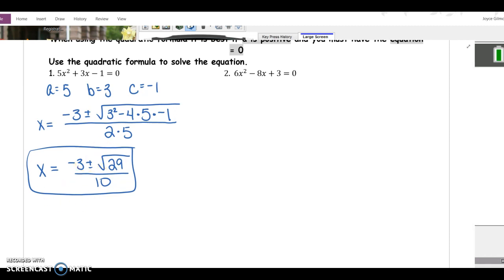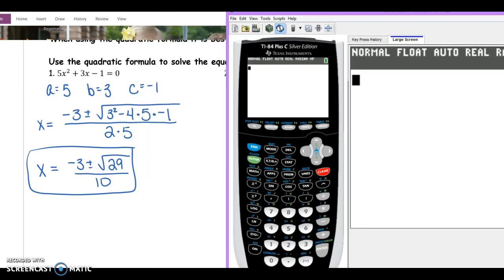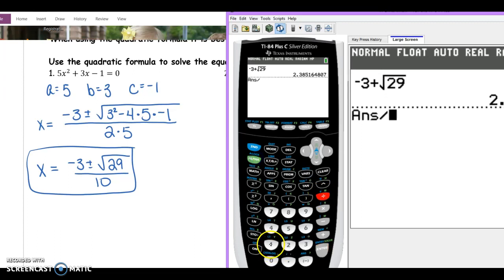When we do the quadratic formula, we are really truly finding where this quadratic equation, where the parabola, is going to cross the x-axis. So if we actually wanted to know the specific x values, we would do -3 plus the square root of 29. Hit enter. You want to do everything on the top and hit enter. Then divide by 10.